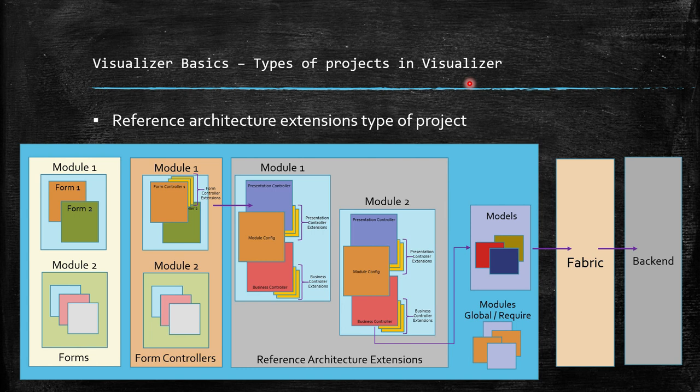He would be able to easily upgrade to the new version of the product without losing the customizations that he has made for implementing the requirements, because all the customizations are made inside the extensions of the various components inside this reference architecture extensions type of project instead of changing the base components.